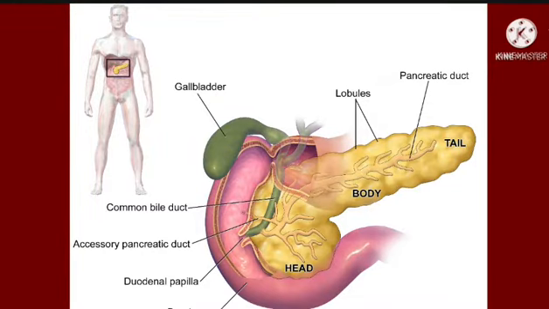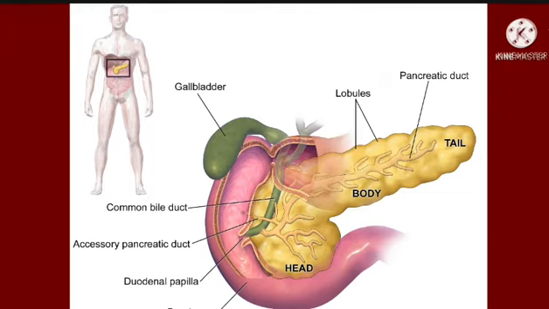Next, the pancreas. The second largest gland in the digestive system is the pancreas, which is yellow in color. It is a compound elongated organ consisting of exocrine and endocrine cells. It is situated between the limbs of the U-shaped duodenum.